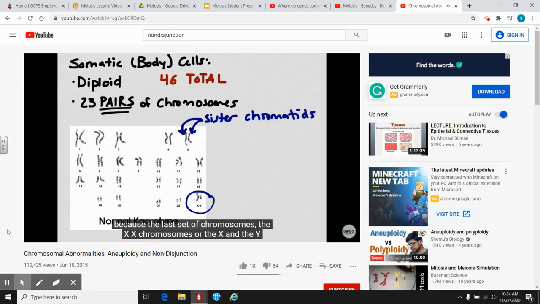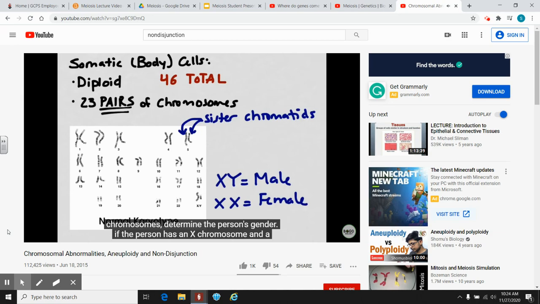This is because the last set of chromosomes, the XX chromosome or the X and the Y chromosome, determine the person's gender. If the person has an X chromosome and a Y chromosome, they are biologically male. If they have 2 X chromosomes, they are biologically female.